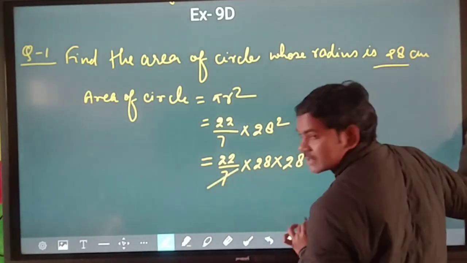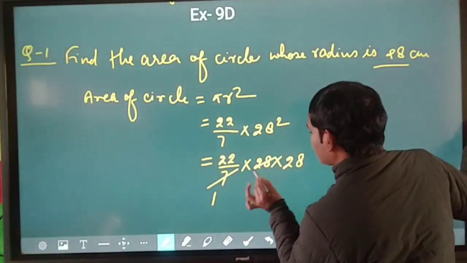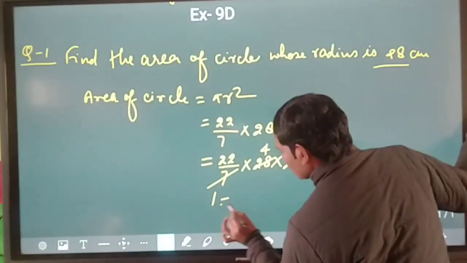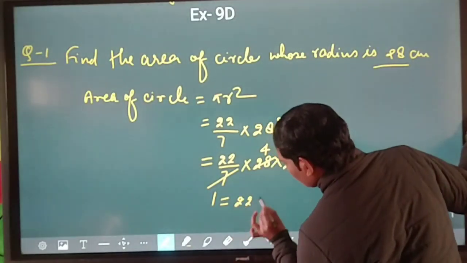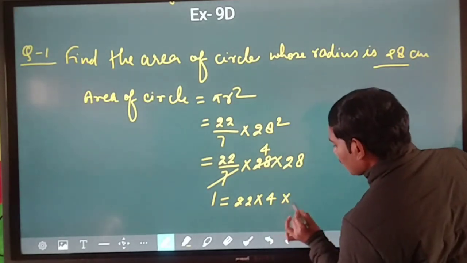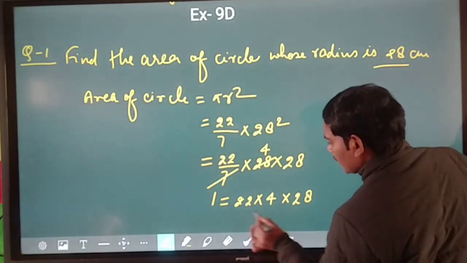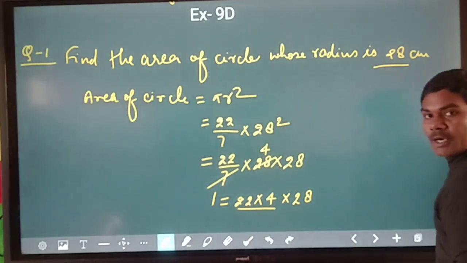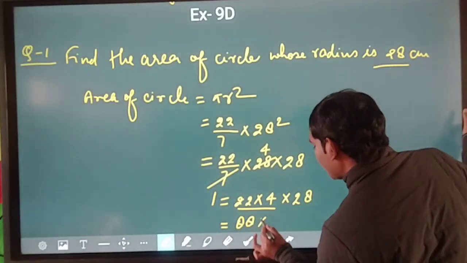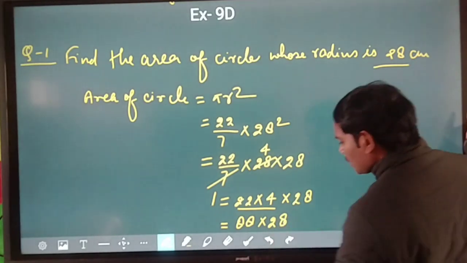Now simplify. 7 ones are 7 and 7 fours are 28. And here we get 22 into 4 into 28. Now find the product of 22 and 4. The product is 88, into 28.